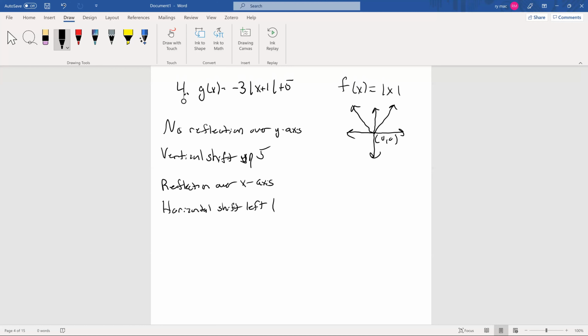Then it's asking if there is a vertical stretch or shrink. There is a vertical stretch. That's going to be that factor on the outside. Since it's a factor larger than 1, or for simpler, you can just think it's not a fraction. Just be careful if it's like a fraction 3/2, then yes, it is still a stretch. But since it's greater than 1, it's going to be a stretch of a factor of 3.